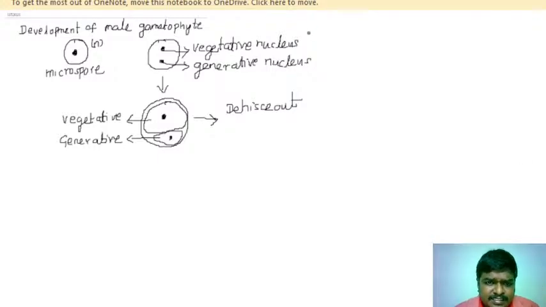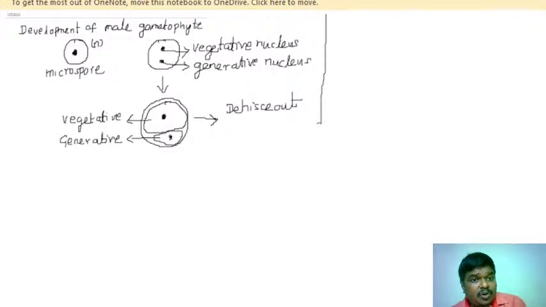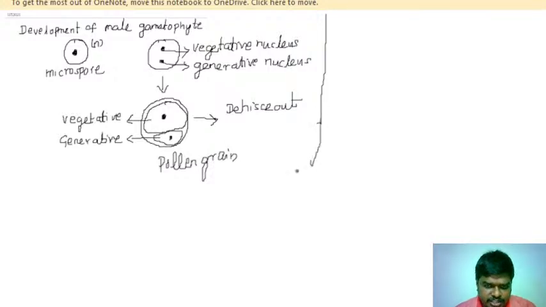Now, the second scenario, further development of the pollen. The further development of the pollen grain occurs after pollination.